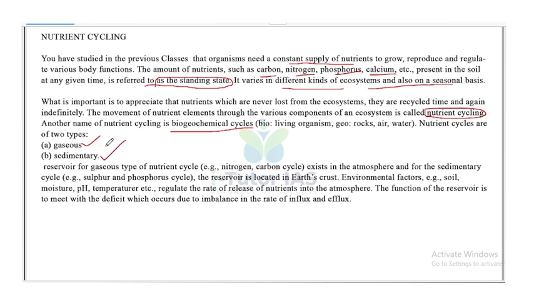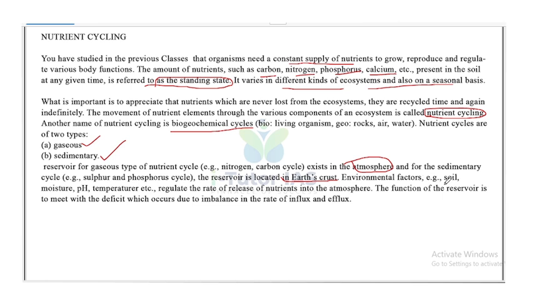The division is based on the reservoir of the nutrient cycle. The reservoir for gaseous type of nutrient cycle exists in the atmosphere, while for the sedimentary cycle, the reservoir is located on the earth's surface. For gaseous type, the reservoir is atmosphere. For sedimentary type, the reservoir is the earth's crust.